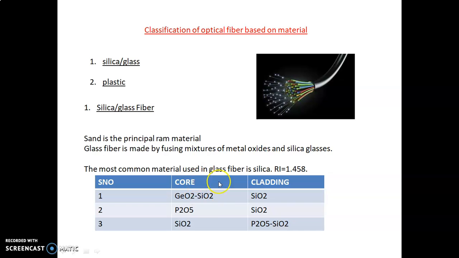Here the core is made up of silicon dioxide, but the cladding is made up of a mixture of phosphorus pentoxide and silicon dioxide. So according to the classification of optical fiber, it is divided into silica and plastic. Silica core and cladding have different compositions.